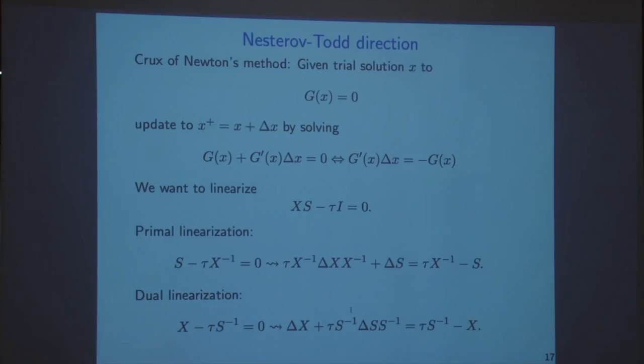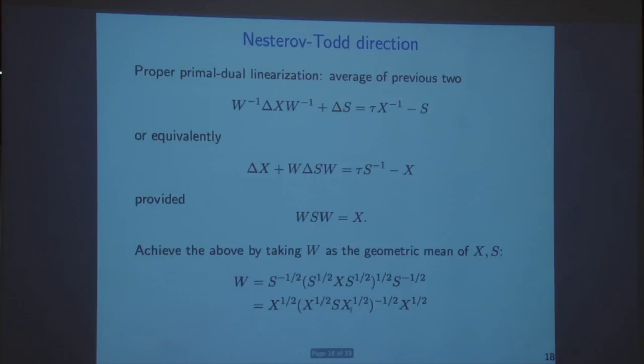That's what Nesterov and Todd developed. Nesterov was the same Nesterov that I mentioned earlier. I think Nesterov was visiting Cornell for a semester, and these two were among the most prominent optimizers of the time, and they came up with this really brilliant idea.